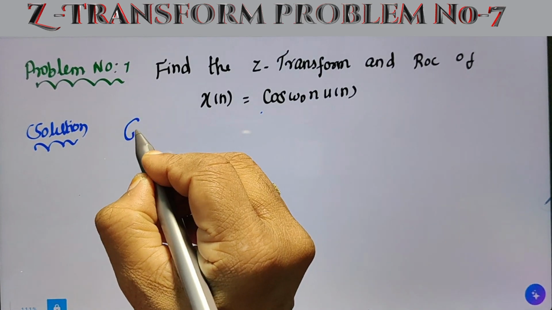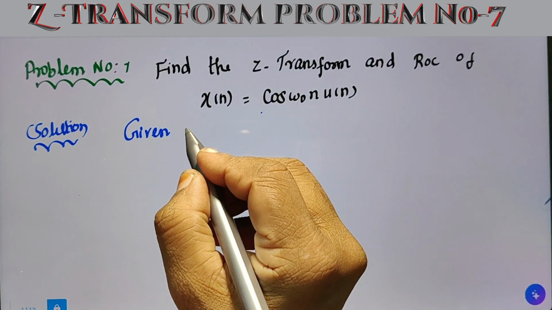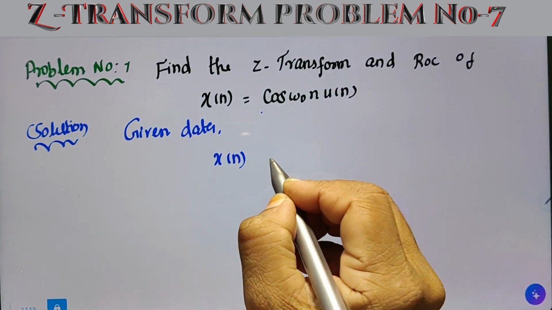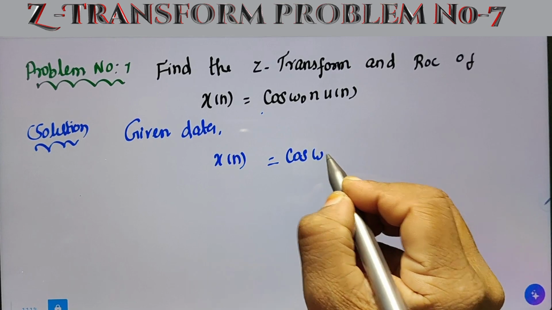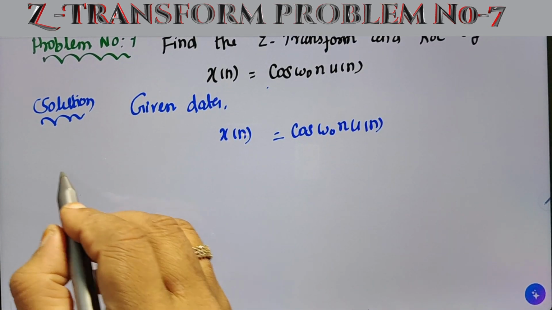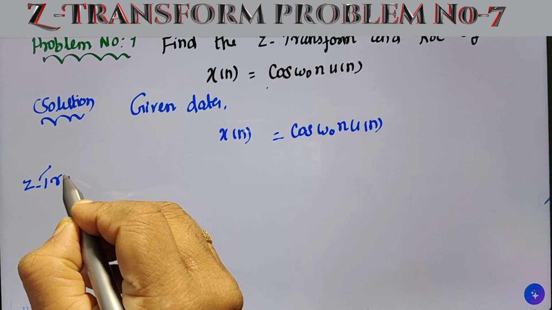Then given data: x of n equal to cos omega naught n into u of n. Okay, write the formula for Z transform.